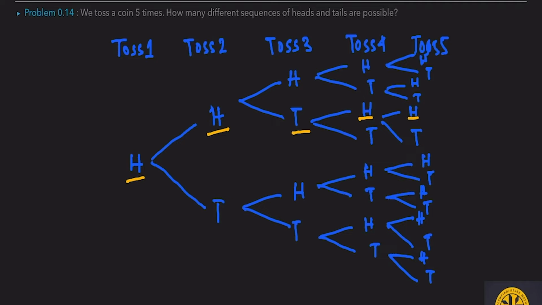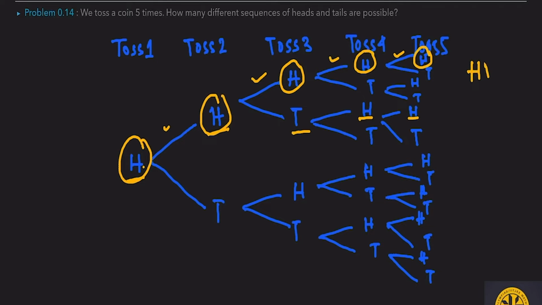If we move across from toss 1 to toss 5 via these links and we take the vertices or the nodes and then concatenate the letters H, H, H, H, H, we will have our sequence. Similarly, we can have H, H, H, T, H, and so on and so forth. So just for H as a choice for toss 1, we will have 16 possible sequences in total.